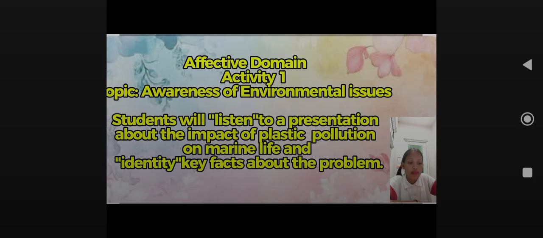This activity is the receiving stage because students are merely expected to be aware of and passively attend to the information presented. The focus is on the willingness to listen and take notice of the environmental stimulus, not yet to take action or change their behavior.